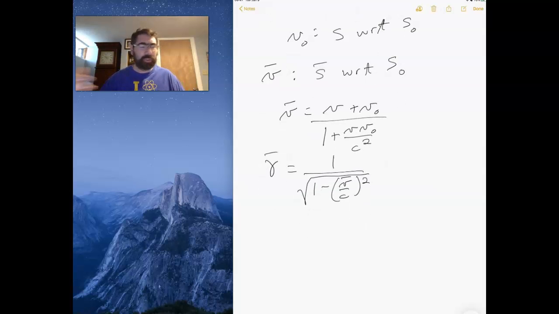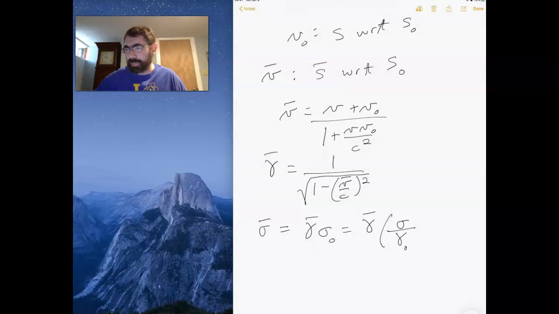That means S bar can make a measurement of the charge density based on the rest charge density, and that would be gamma bar sigma 0, which is gamma bar sigma, the charge density in the S frame, divided by gamma 0.